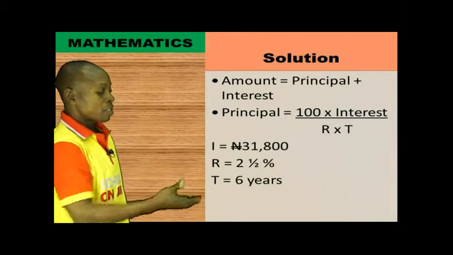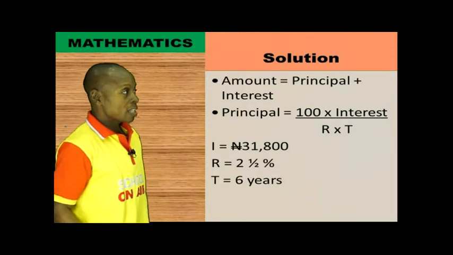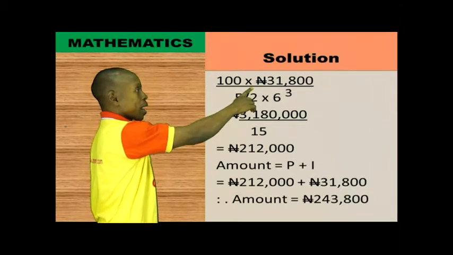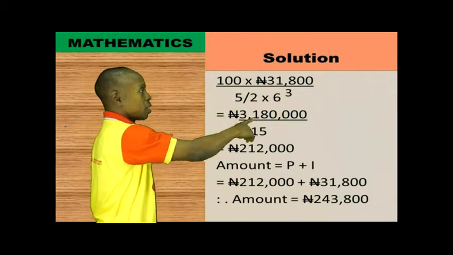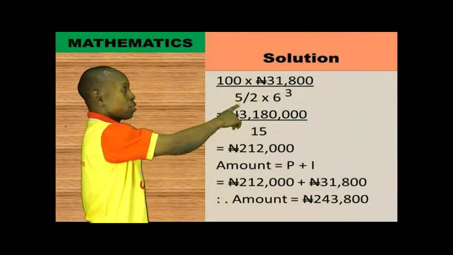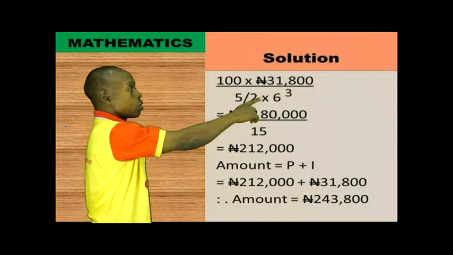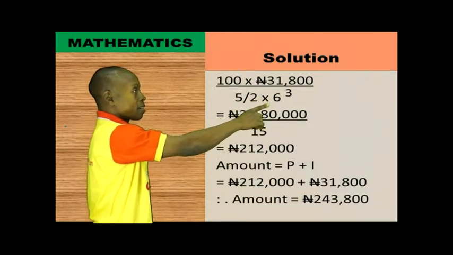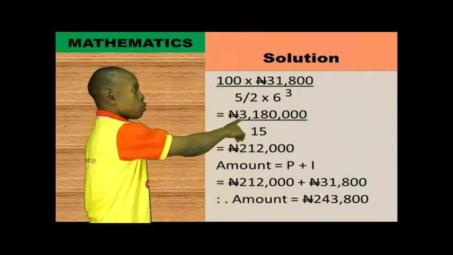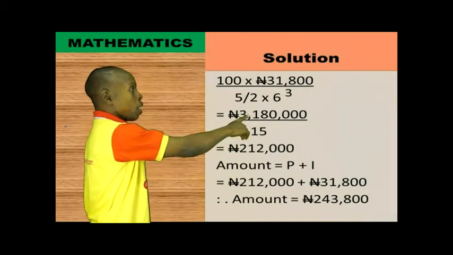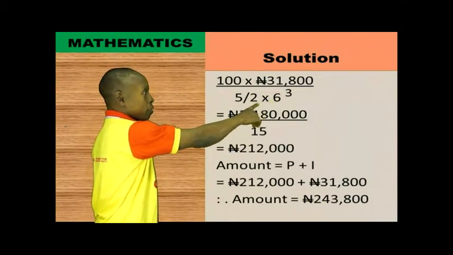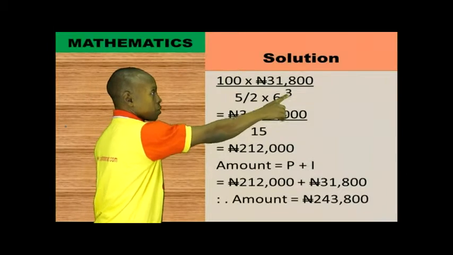So let's insert all the parameters we have inside the formula. We have 100 multiplied by 31,800, all over 5 over 2. You know, 5 over 2 is equivalent to 2.5. Multiply by 6. So you have 3,180,000 divided by, because 2 can go in 6, you have 1 here, and 2 in 6 gives 3.